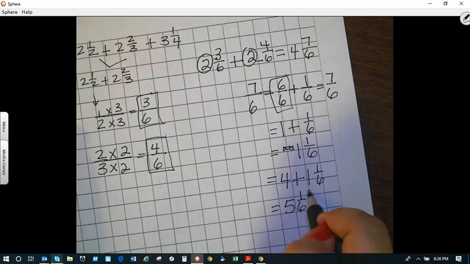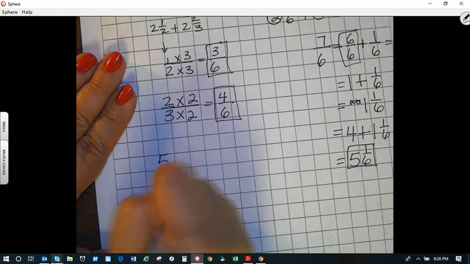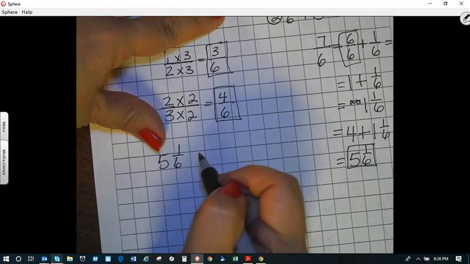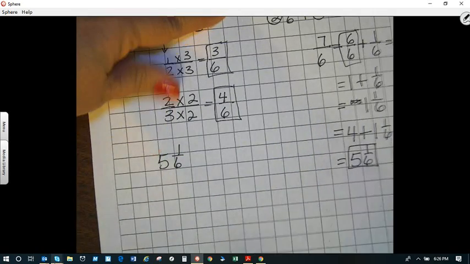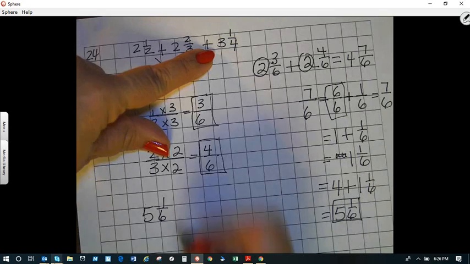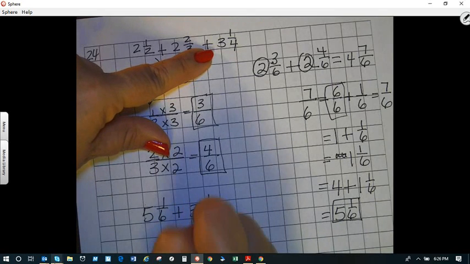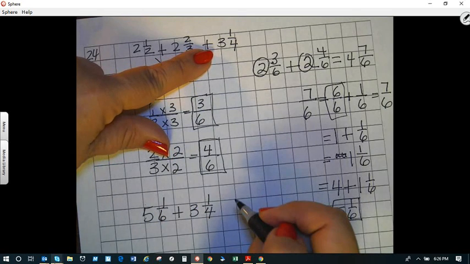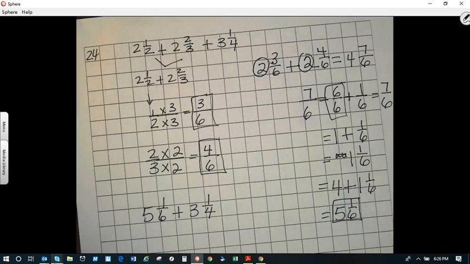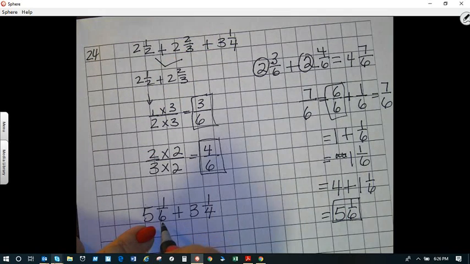Now I'm going to take this part here. So I have 5 1/6, and I'm going to add that to my 3 1/4. My common denominator, well, we've been doing them pretty long already.